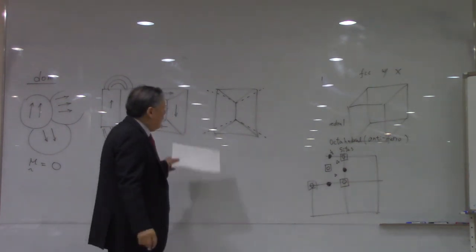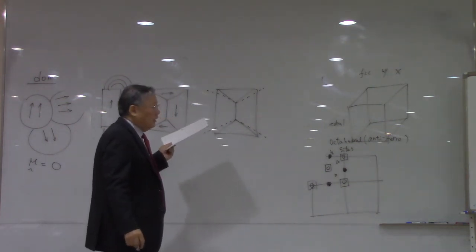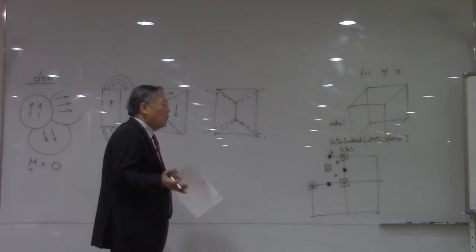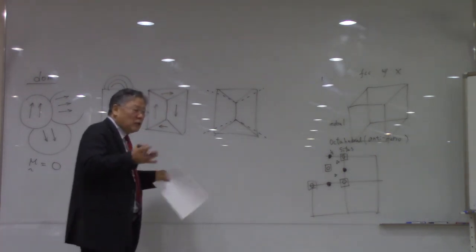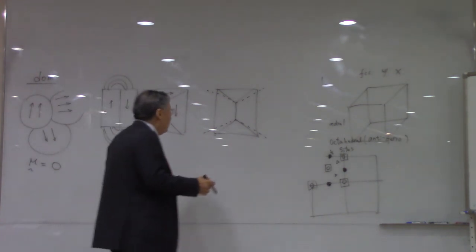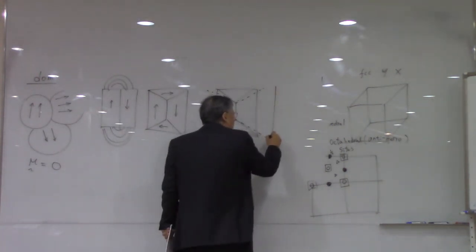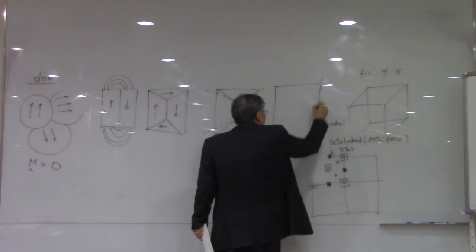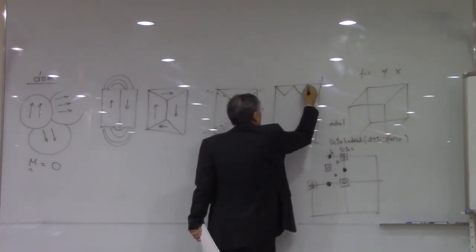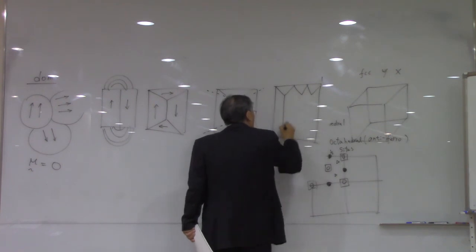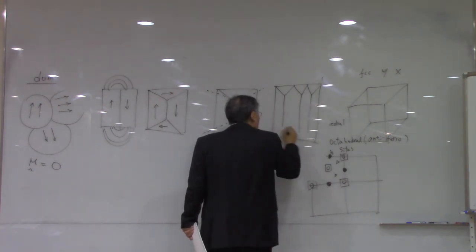And if the material has a large magnetostrictive energy, which means it has a big change in the volume, then it has a tendency to break down the magnetic domains into small domains, something like that.